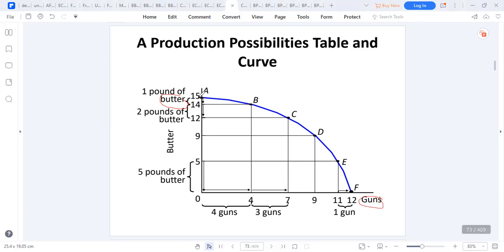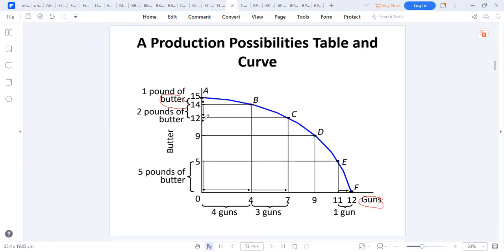If we move from point A to point B, we give up 1 pound of butter for 4 units of guns. This is what we call opportunity cost. The opportunity cost of 1 unit of butter equals 4 units of guns. So there's a trade-off happening here.